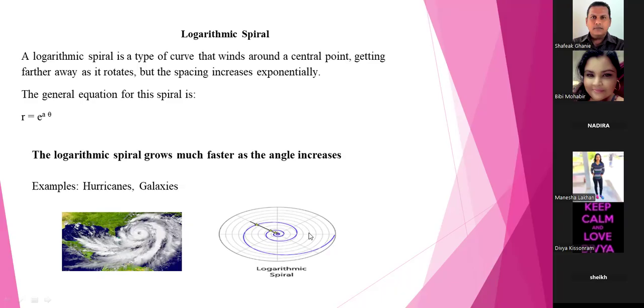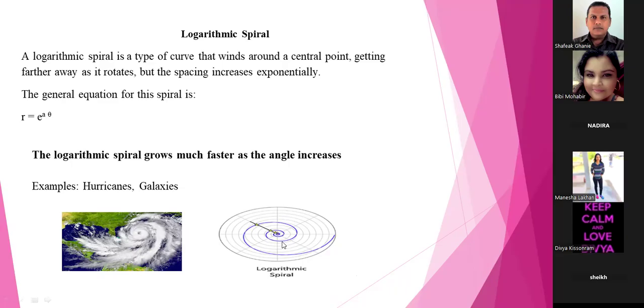And a is a constant that determines how tightly or loosely the spiral winds. If a is more than 0, the spiral will expand outwards, and if a is less than 0, the spiral will contract inwards.